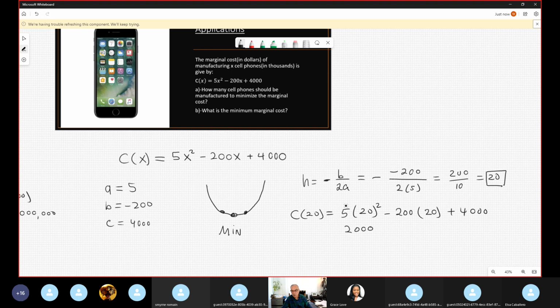It's the cost. This is not money. This is smartphones. So it's important that the variable and the equation have different units, no? X is smartphones sold and cost is money. Now multiplication of 200 times 20.